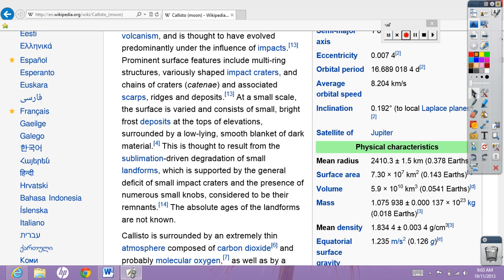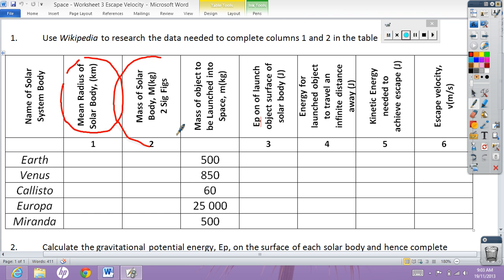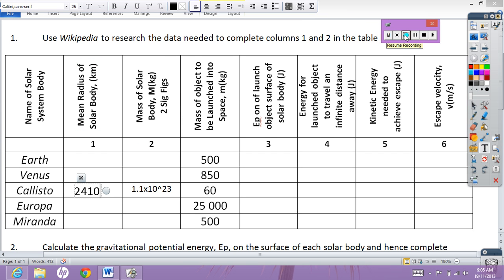So going back, I'll just now enter the data in for Callisto for the mean radius and the mass. So we now put our values in.